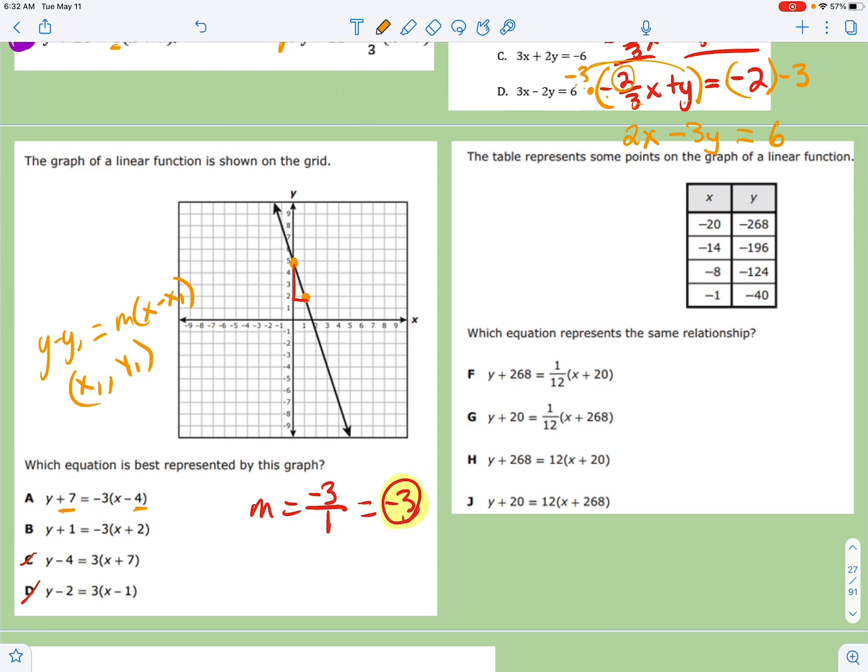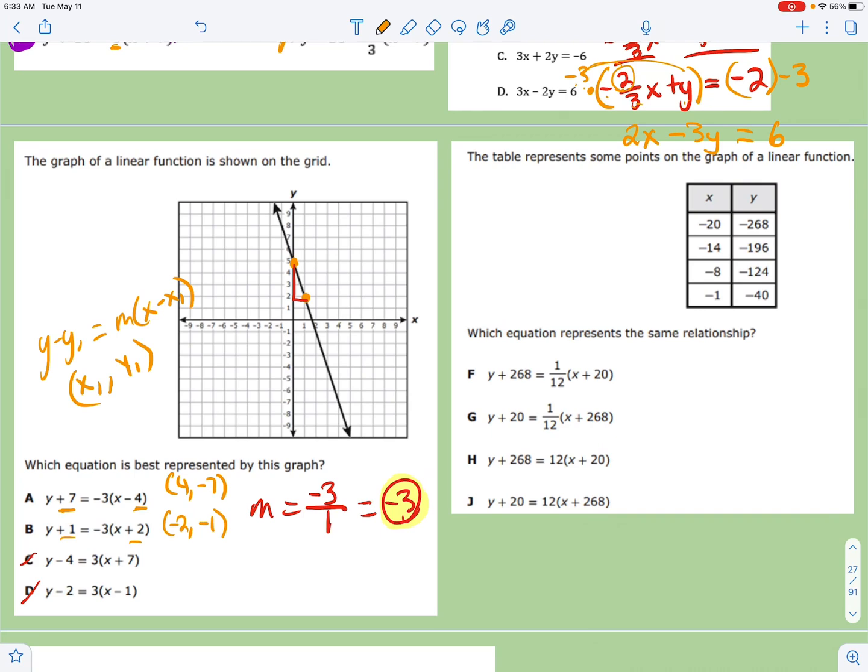All right, notice how that -4 means that our x is 4, and that +7 means our y is -7. Here, our x1 is -2, and our y1 is -1. Remember, we have to kind of think opposites when we think of the points in point slope form.